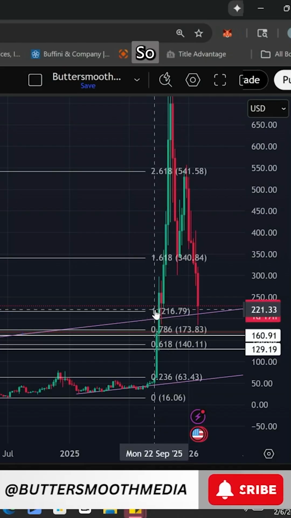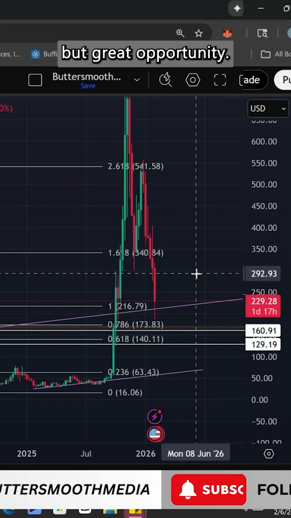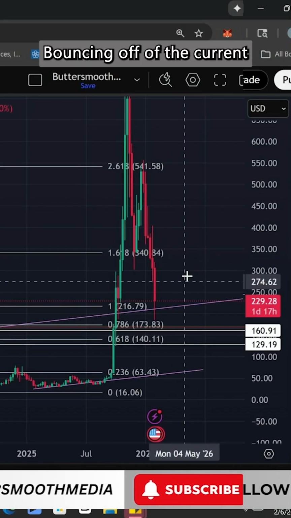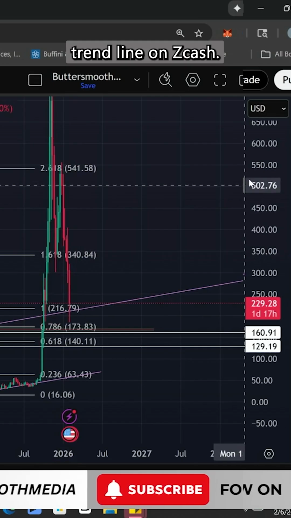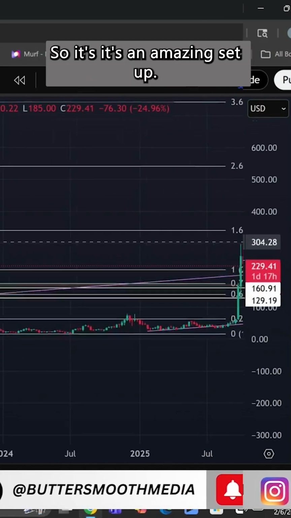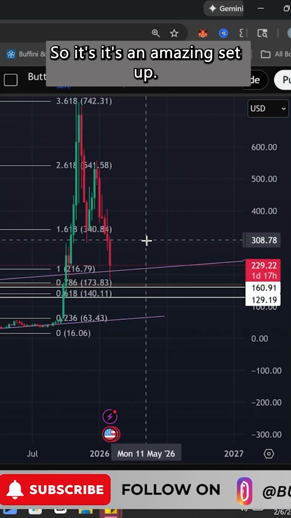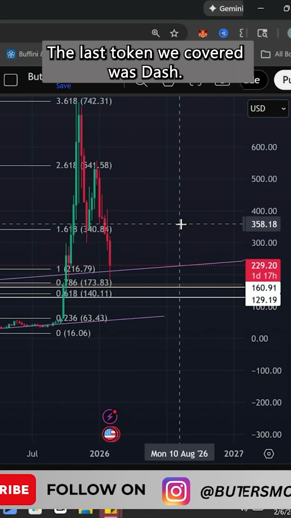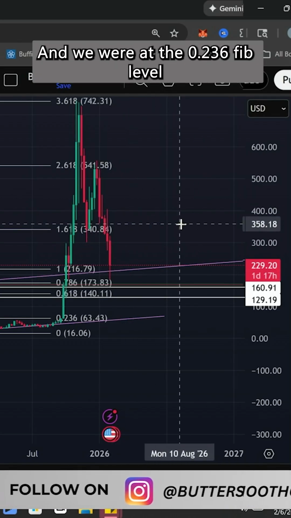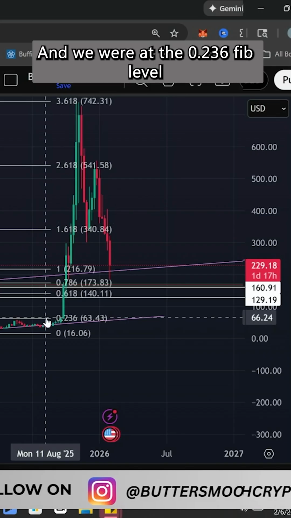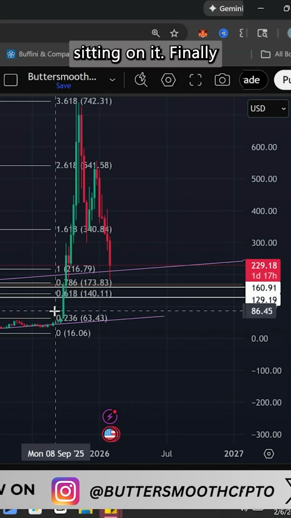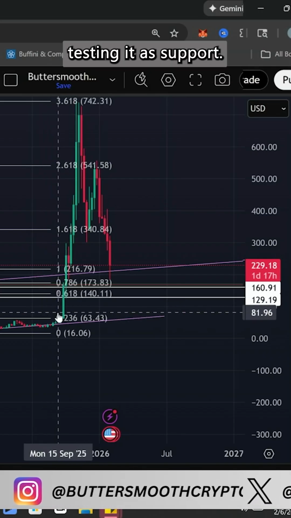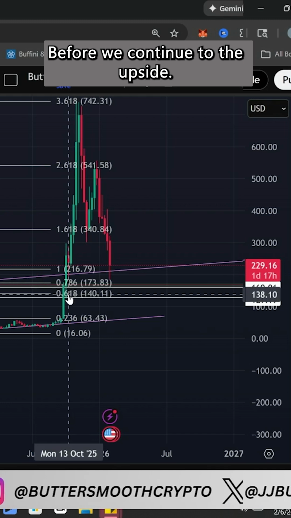Not financial advice, but great opportunity bouncing off of the current trend line on Zcash. It's an amazing setup. We could potentially continue to the upside. The last token we covered was Dash, and we were at the 236 fib level, finally testing it as support before we continue to the upside.